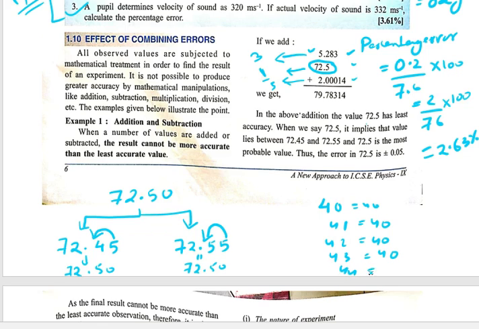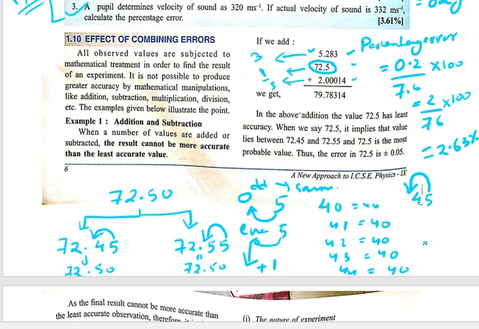Now 45, if it is 5, then first you have to look at the number before 5. If the number before 5 is odd, then you write it as it is, but if it is even, then you have to increase it by 1. Here the number before 5 is 4 and this 4 is even, so this will be equivalent to 50, round off. 46, obviously the number is greater than 5, so it will be 50, and 47 will also be 50, 48 also 50, and 49 is also 50.